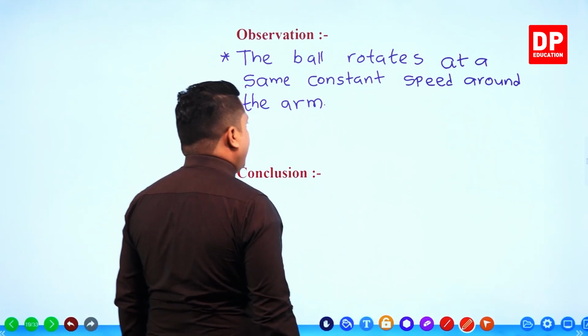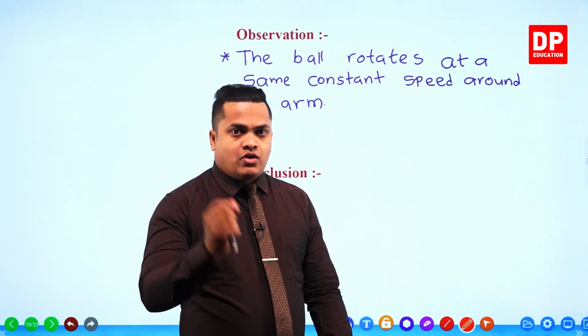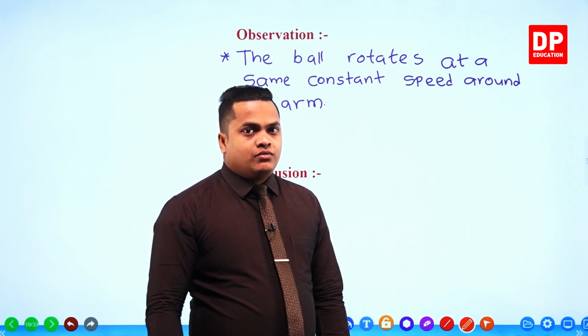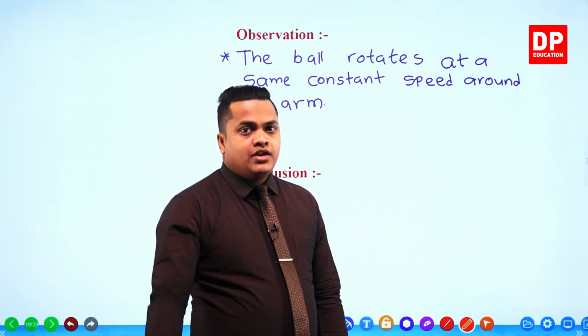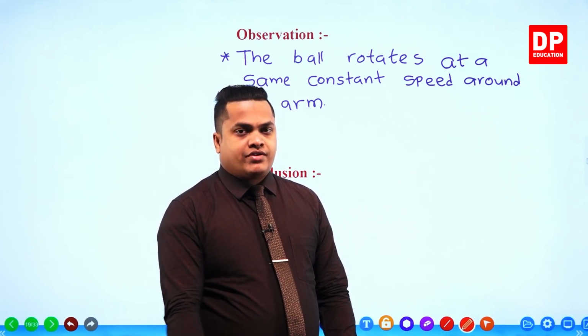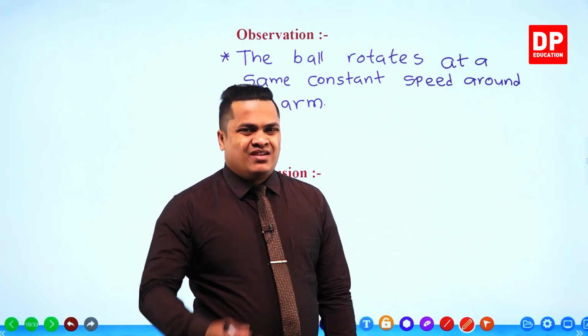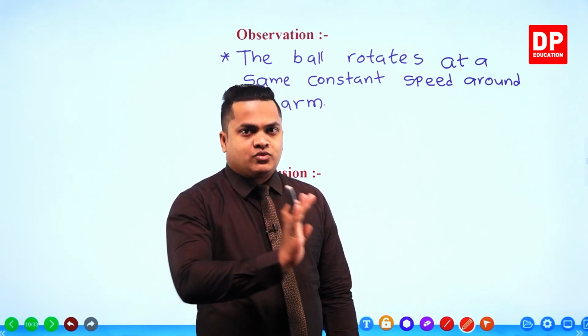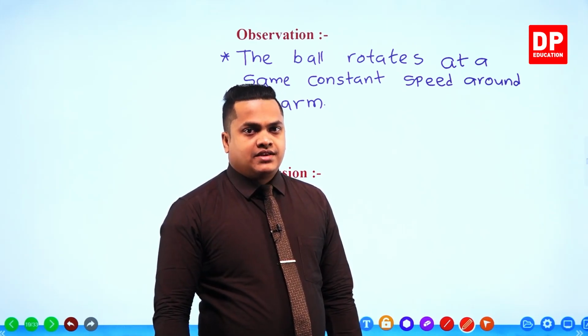Okay, arm or the head. I have rotated around my arm, so that's why I have written arm. If you are rotating around the head, then you can write head, no problem. In order to show you, I have rotated around my arm, so that's why I have mentioned arm.